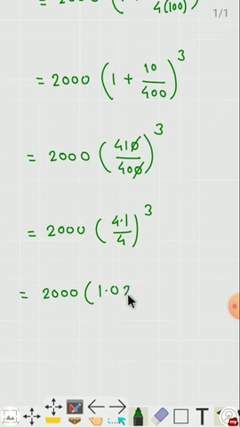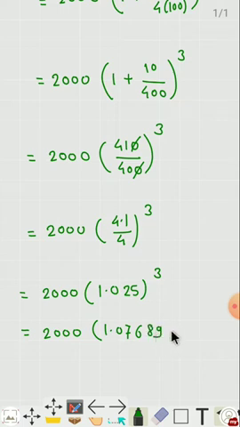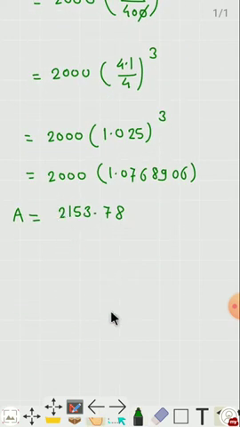It is equal to 2000 into bracket 1.025 raised to the power 3, which is 2000 into 1.0768906. The product of these two things is 2153.78, and this is the amount which we get after 9 months.